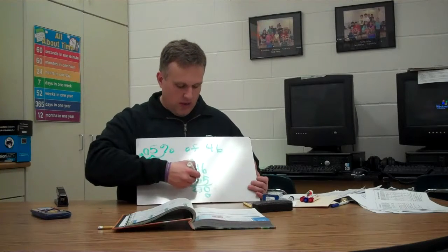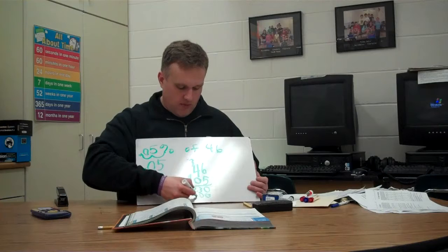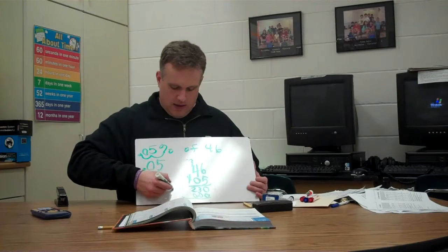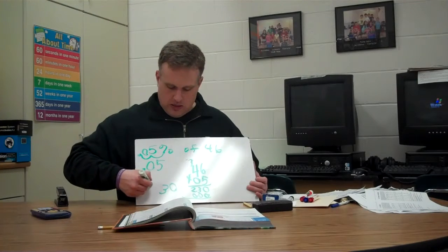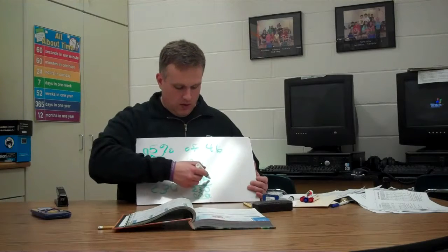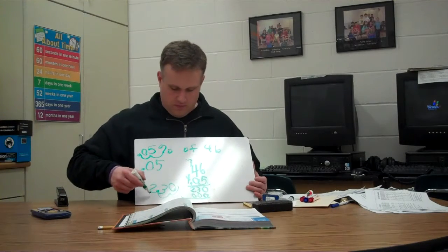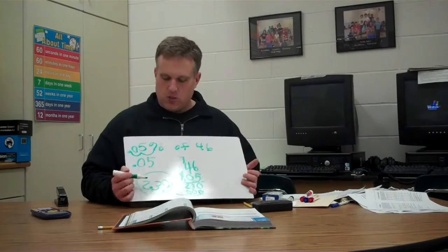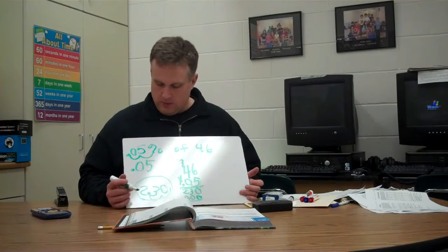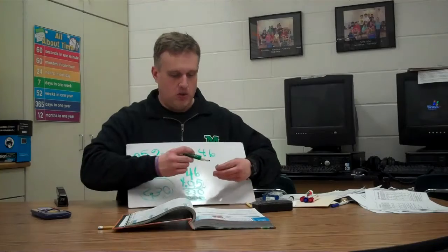Bring down my 0. 0 times 6 is 0. 0 times 4 is 0. And I would get 0, 3, 2. 1, 2. My answer would be 2 and 30/100ths. Okay? So that is number 9.